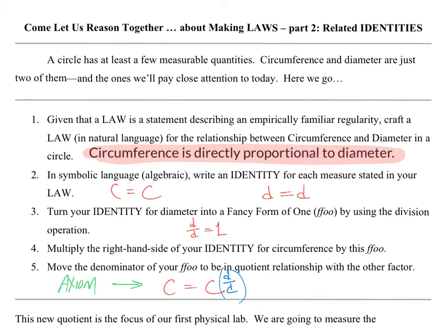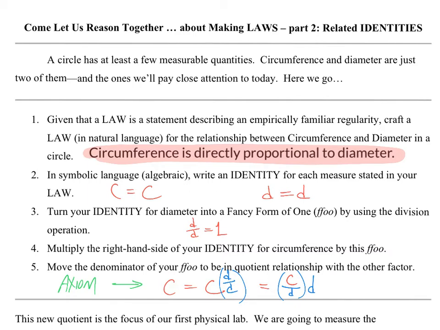So that's why in step 5, I tell you to move the denominator from your fancy form of 1 to be in relationship with the circumference. Because my statement of law demands that there be a connection between circumference and diameter, and the quotient relationship allows me to specify a this per that relationship.